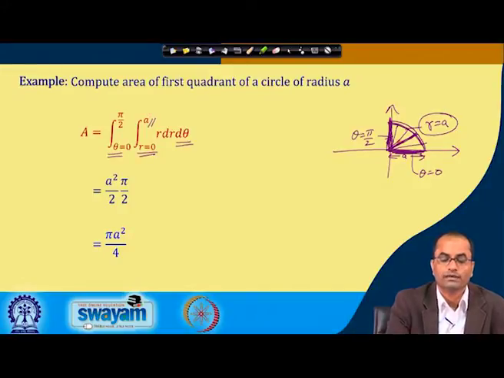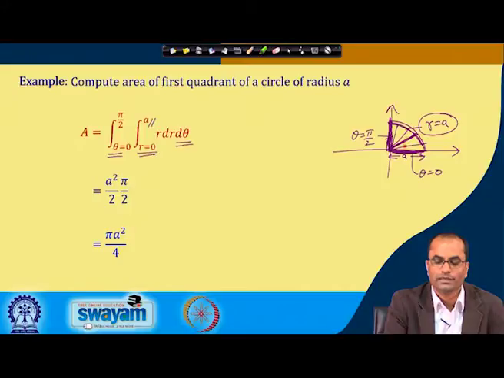But if we do it in the Cartesian form, it will be a little bit complicated, because we have to now draw the limits of x and y, and that will contain the circle in the Cartesian form. The equation of the circle in the polar form is simply r is equal to a.